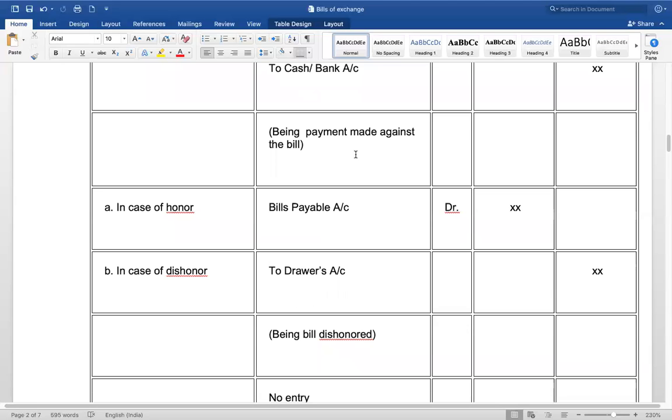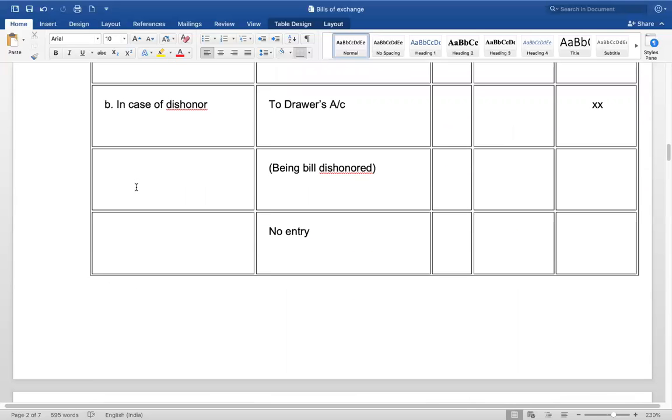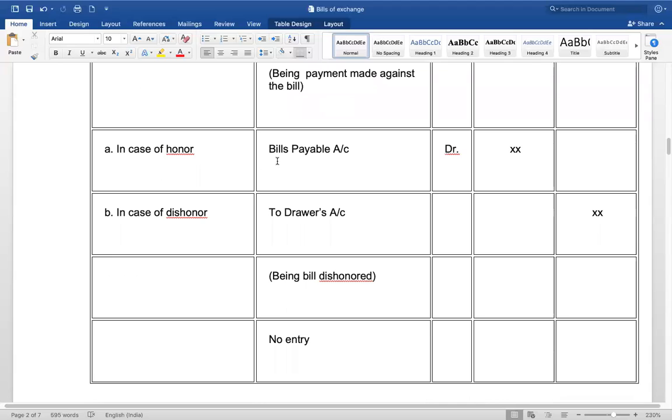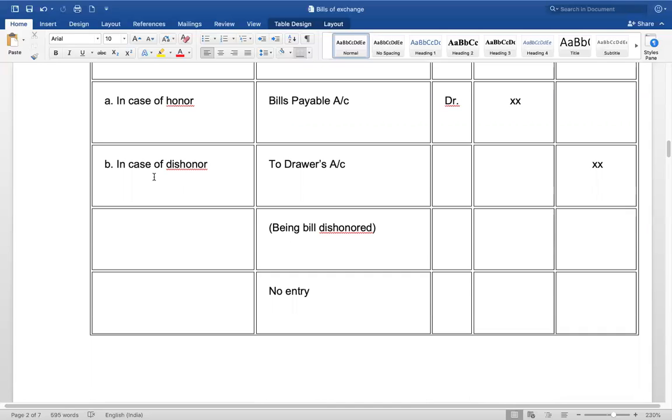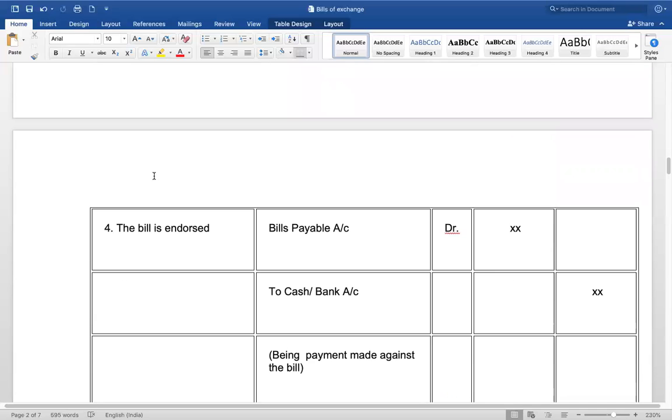So this is payment against the bill. The banker pays that amount, right? And in case of honor, the bill payable account debit to drawer's account, in case of the same bill being dishonored.